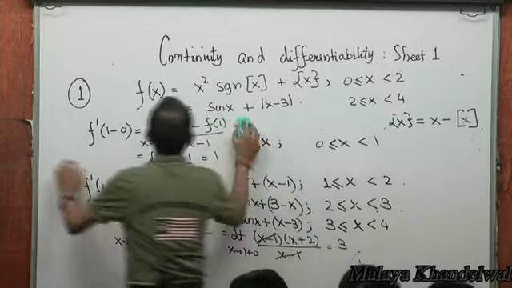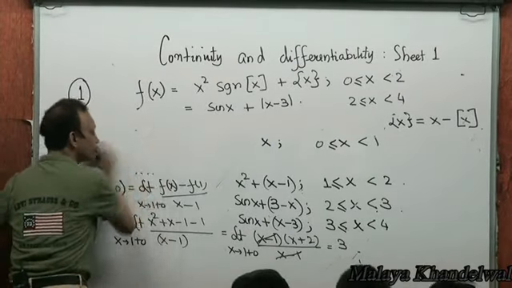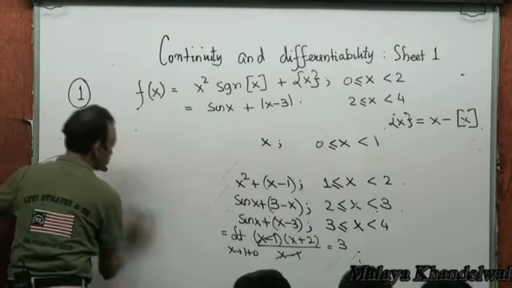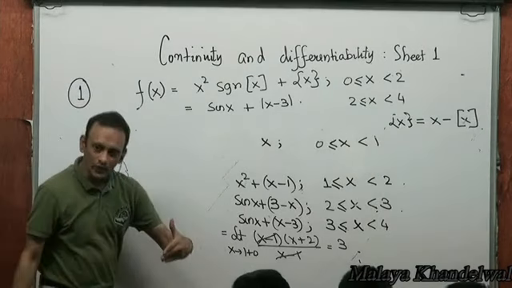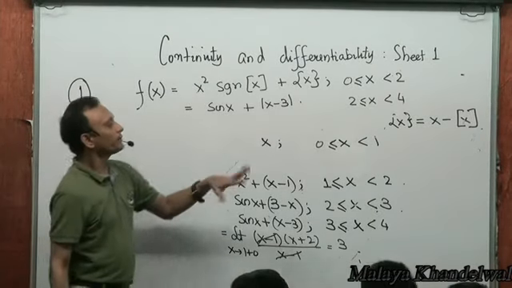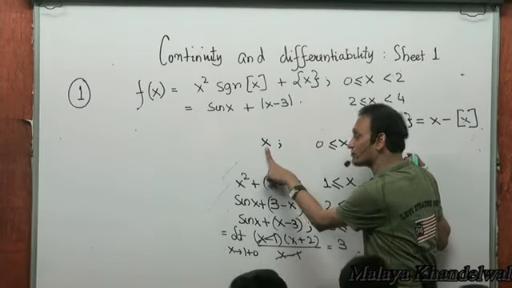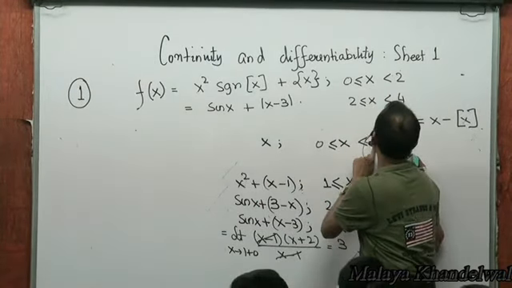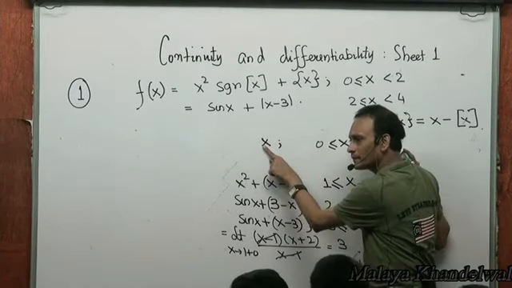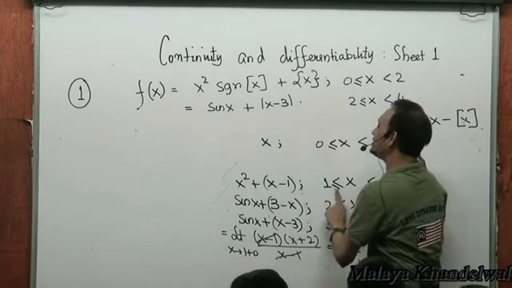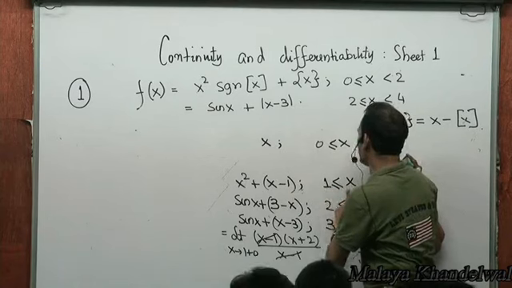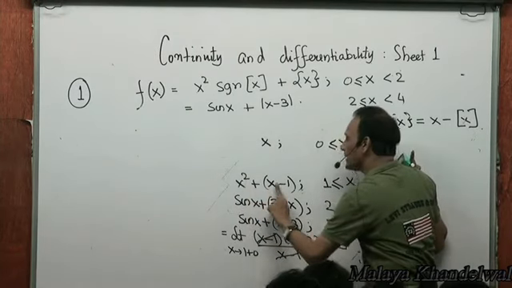And let me also tell you, right now I want you to do this derivability test using first principles, but once you mature a little, then once it's tested for continuity, it has passed the test of continuity, then differentiating to the left of 1 will give me 1, right? Then differentiate to the right of 1, immediate right of 1, it will give me 2x plus 1.